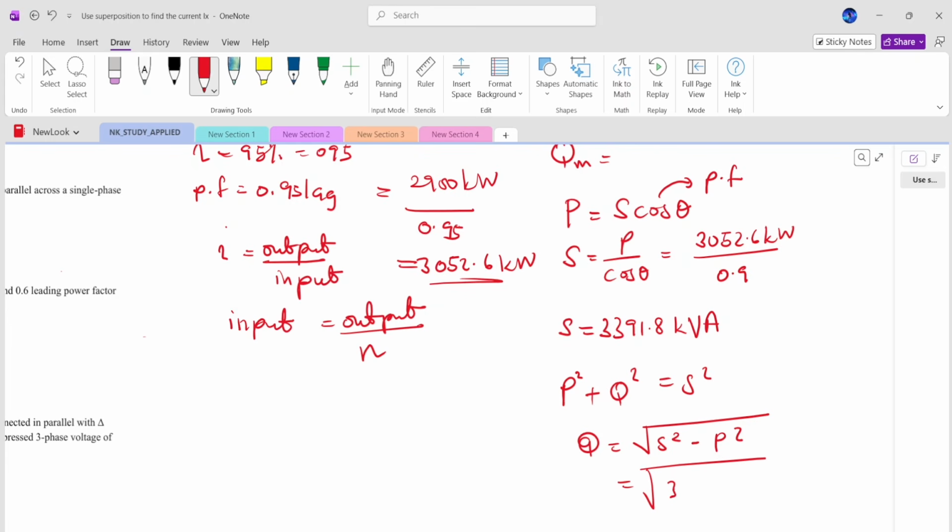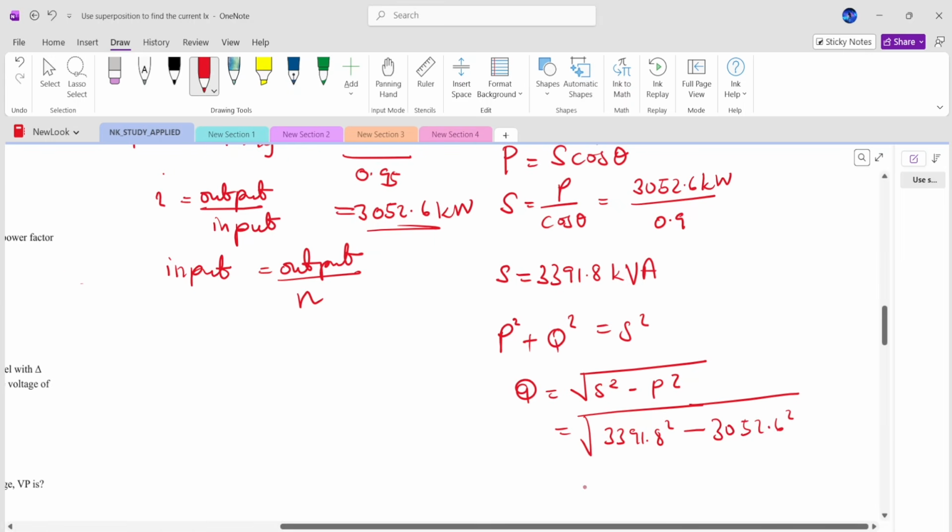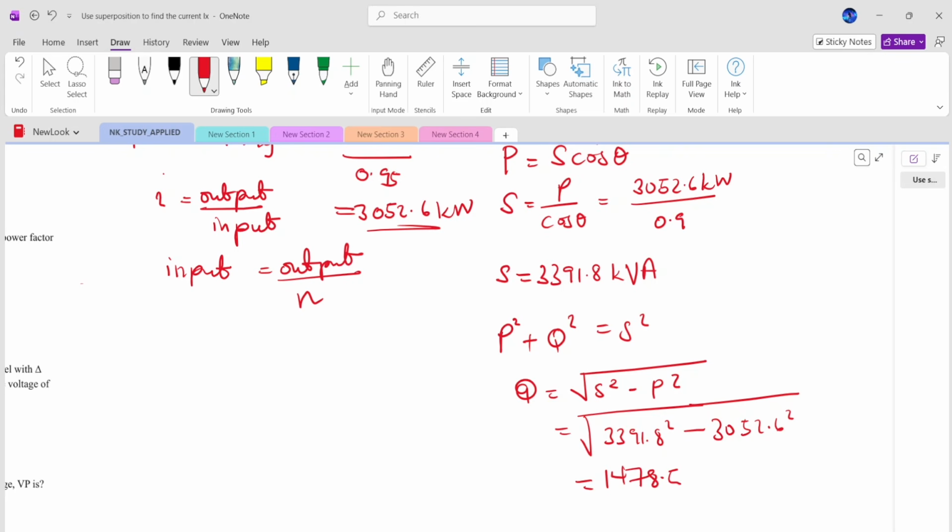So 391.8 squared minus 3052.6 squared. And this is going to give us 1478.52, but it's going to be in kVAR.